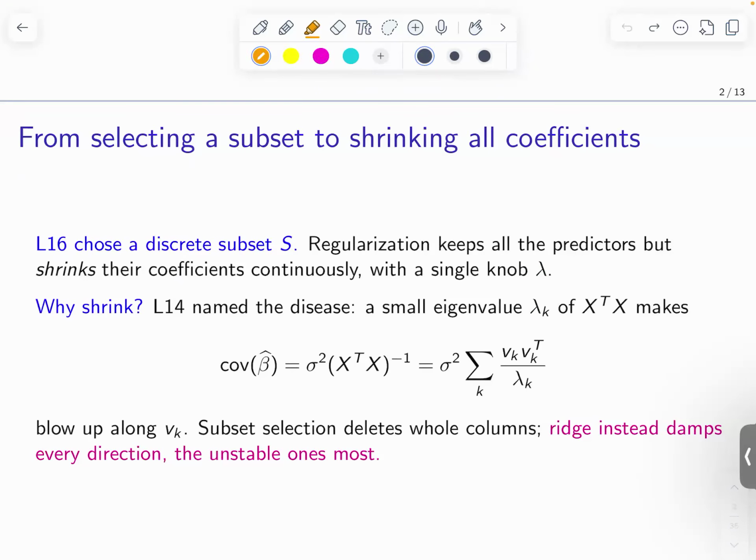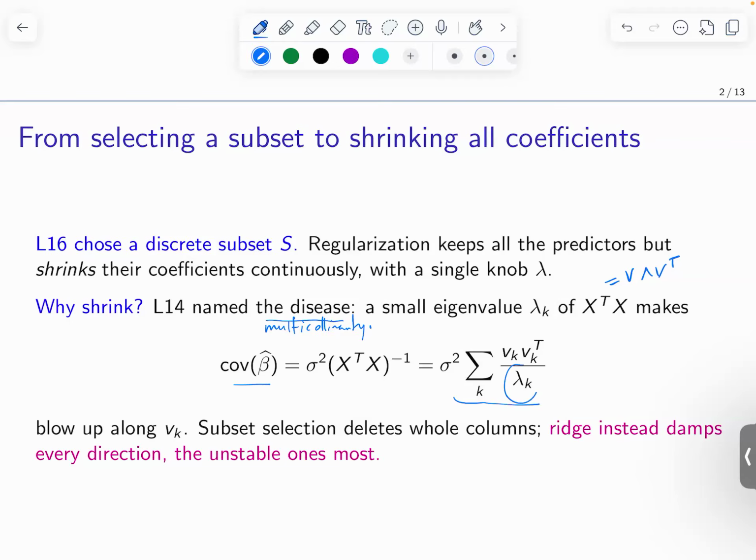That would allow you to achieve certain interesting properties. The first thing it allows you to achieve: we saw, probably in lecture 14 if I'm not wrong, the problem of multicollinearity, where a subset of predictors are highly correlated. We saw, for example, that for the covariance matrix of beta hat, if X transpose X has an eigenvalue decomposition, where V is an orthogonal matrix, lambda is diagonal, and then V transpose, you can write the covariance like this.